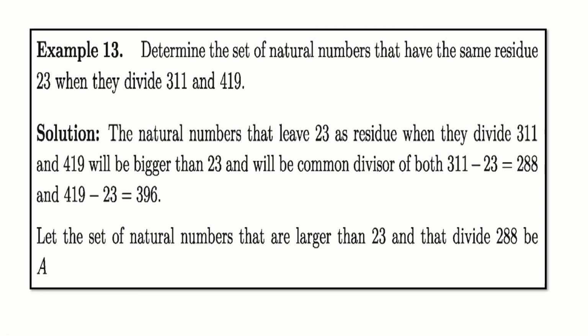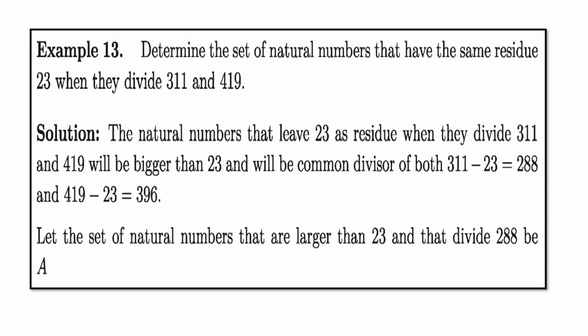As the remainder is 23, the number will be greater than 23. As we have to divide 311 and 419 by these numbers, they are divisors, and a divisor is always greater than the remainder.